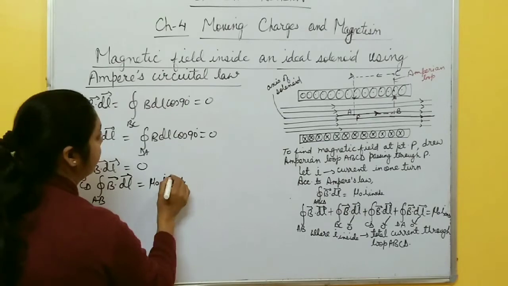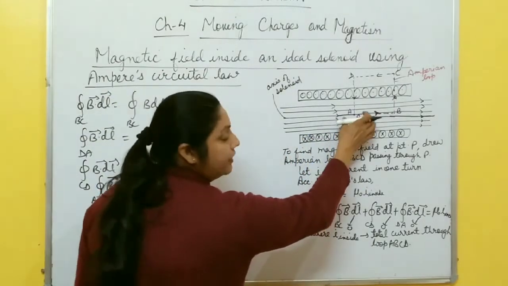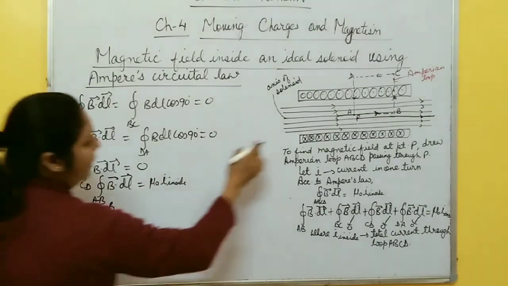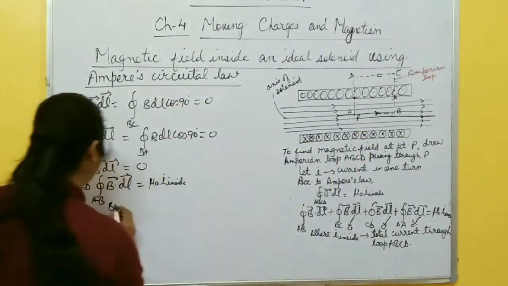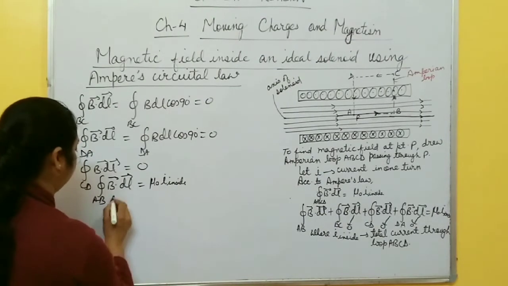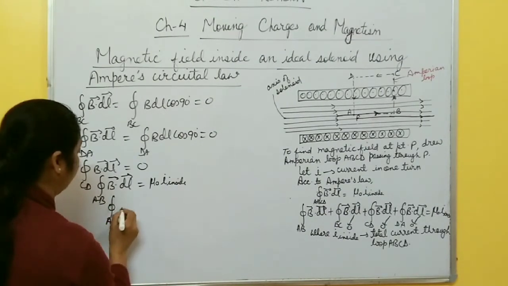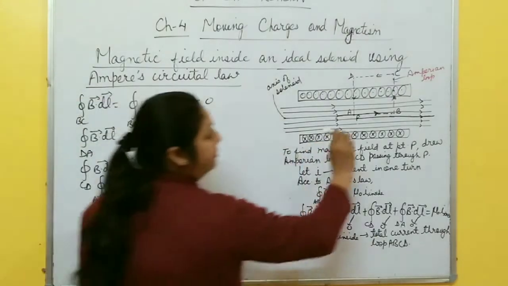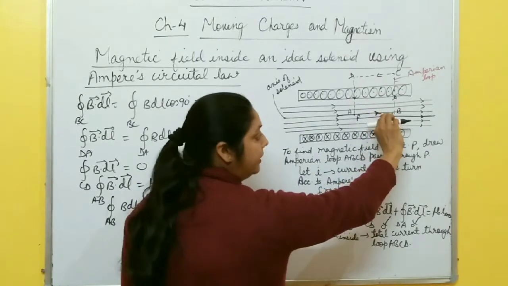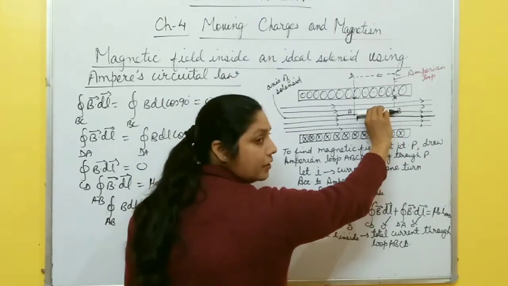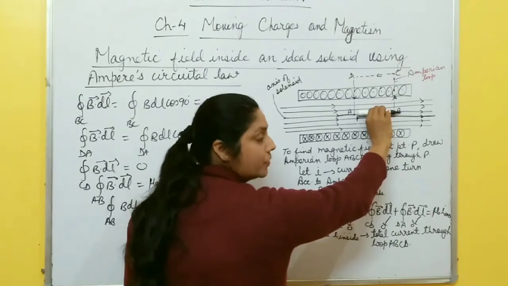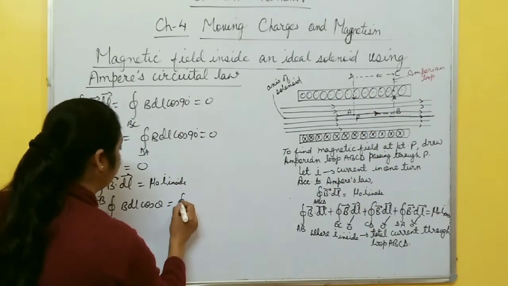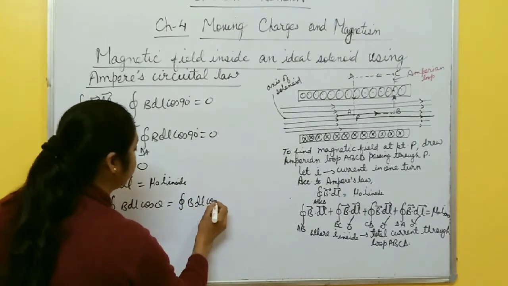You know that the magnetic field is uniform inside the solenoid, so you take B outside. Now this is AB, B dl cos theta. B is along this direction, left to right, and dl is also along this direction. So here the angle is 0, and this becomes B dl cos 0.